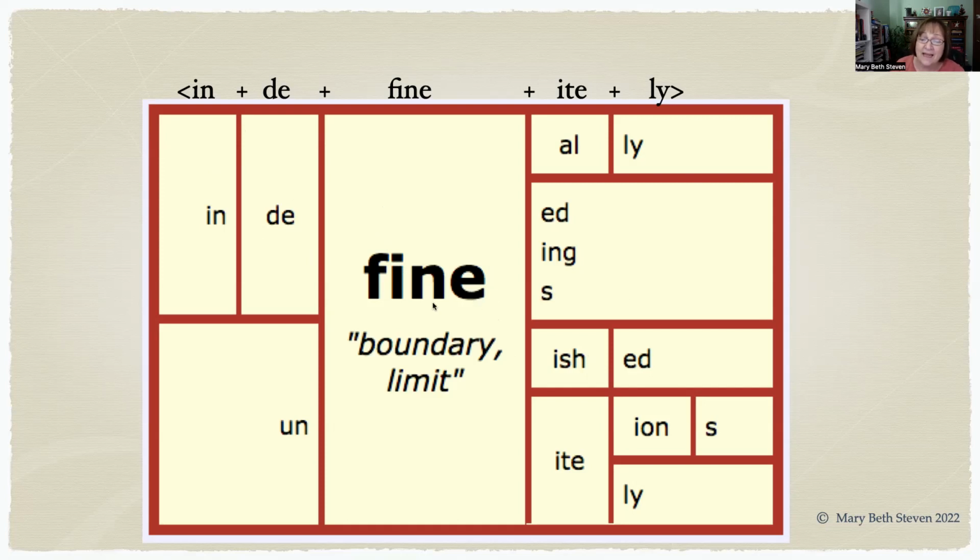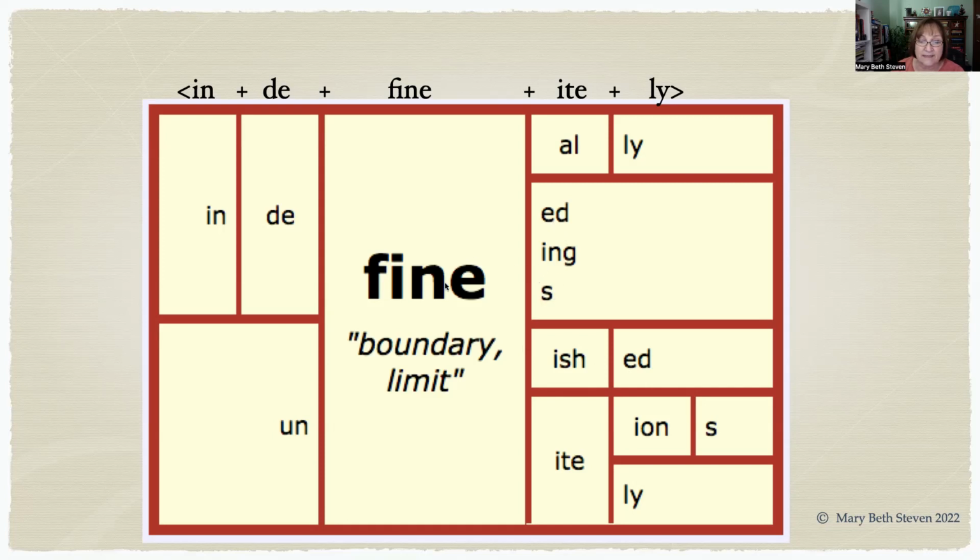Well, okay, if I start with FINE base and I add ISH, I will form the word finish, right? This matrix offers me the opportunity to add another suffix, an ED. So I could have FINE plus ISH plus ED, and I would end up with the word finished. Now, let's move up to this where they're sharing.